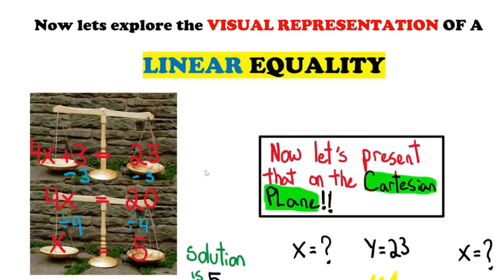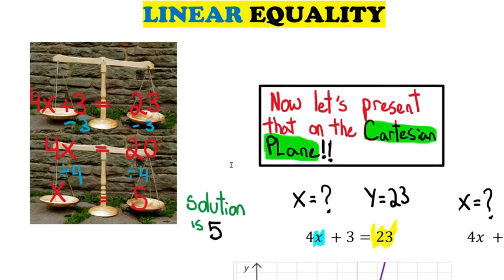And since there's a multiplication, 4 times x, we can divide both sides by 4 to find that x is equal to 5. And the scales would still balance. Because if 5 were to go into x, 4 times 5 plus 3 would obviously give us 23.